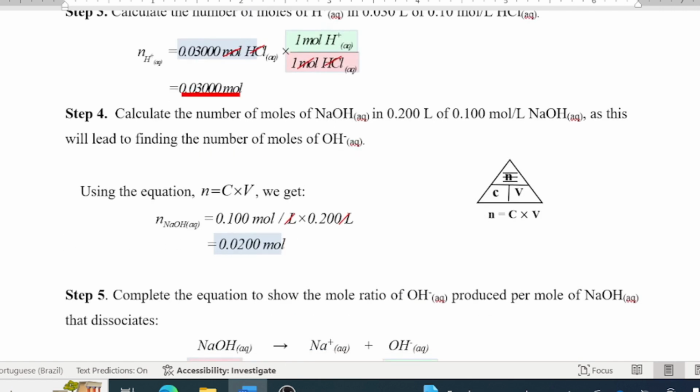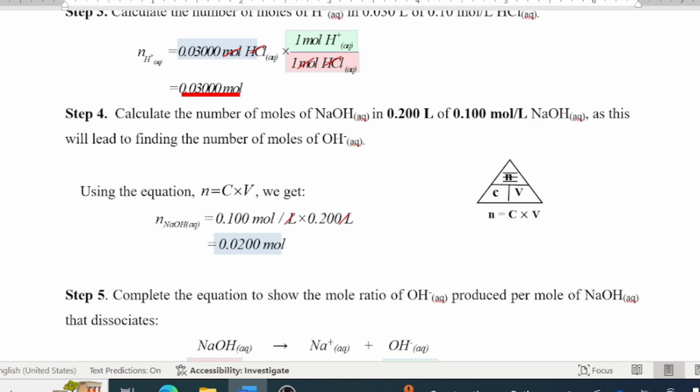Now we are pouring into that some sodium hydroxide. We're pouring in 200 milliliters of sodium hydroxide that has this concentration, and of course that translates into 0.2 liters. I've done that for you already. So now you find the number of moles of sodium hydroxide in this quantity.